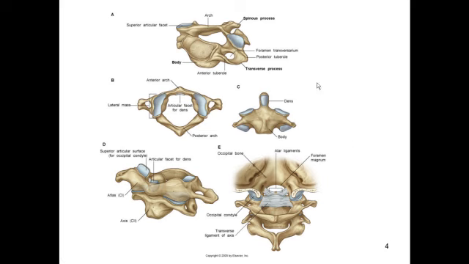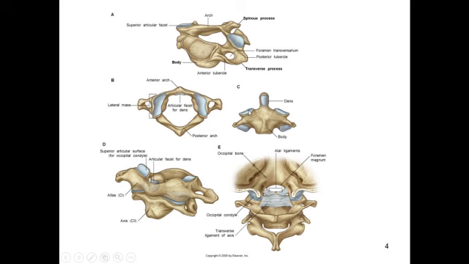Let's go to C2. You can see that here in C. It also has some distinctive features, most notably the dens, which is this raised up portion. Dens, of course, meaning tooth. It kind of looks like a tooth sticking up there. That dens fits right up against the back of the anterior arch, and you can see that here in D, where they're layered over one another and snug right up against each other.